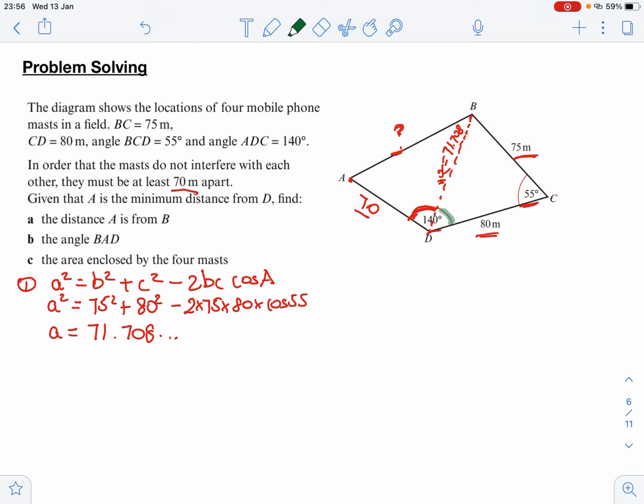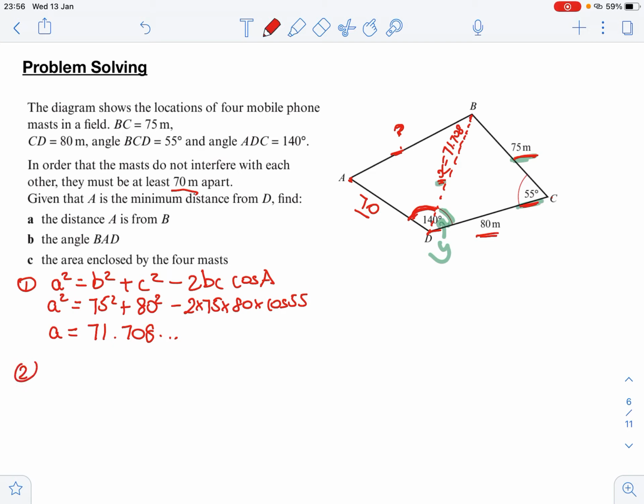We can find this angle by using our sine rule, because I know this side, and I have an angle opposite. Let's call this angle y, to stop the confusion.